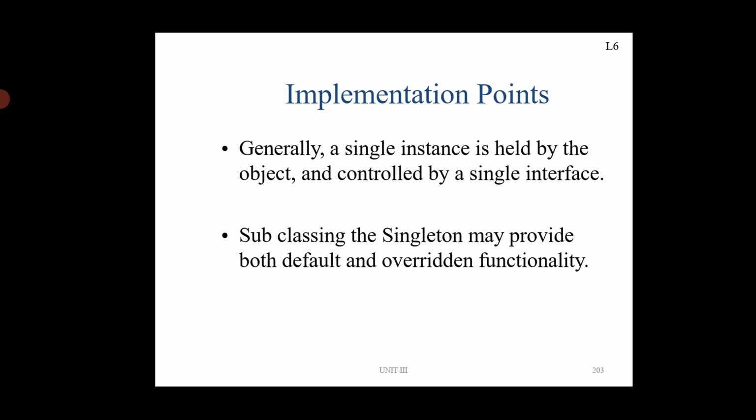In the sense, if we want some n number of objects, we create one object, and that object can be reused again and again. These are the related patterns of the singleton design pattern: abstract factory design pattern, builder design pattern, and finally prototype design pattern.